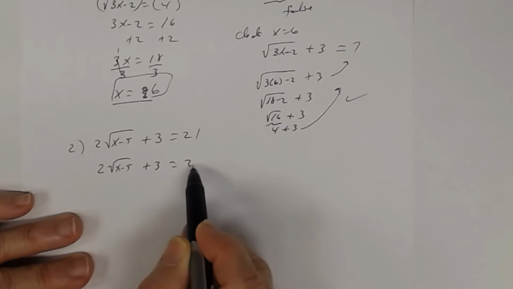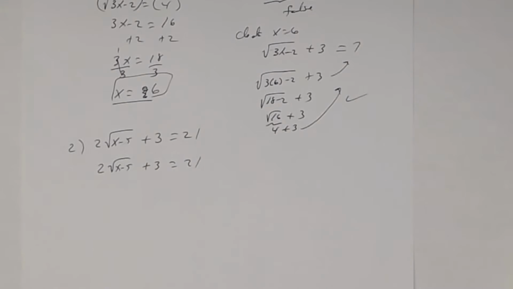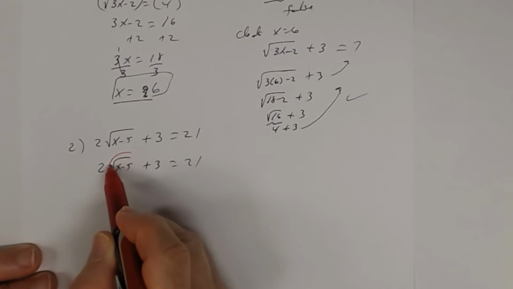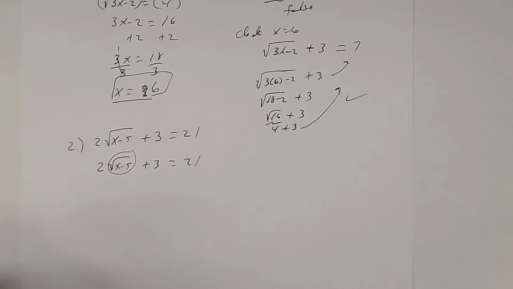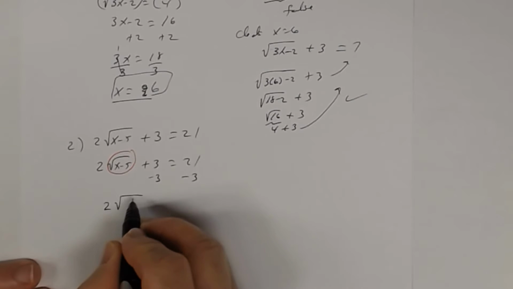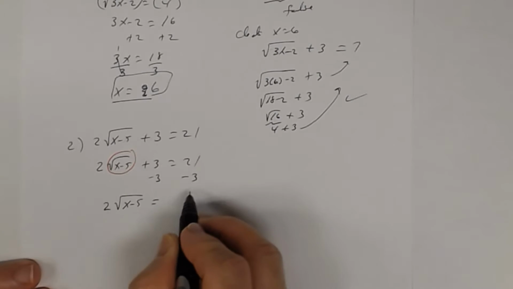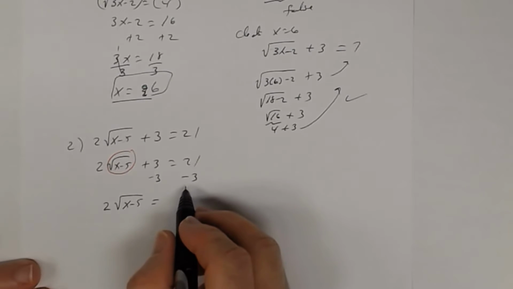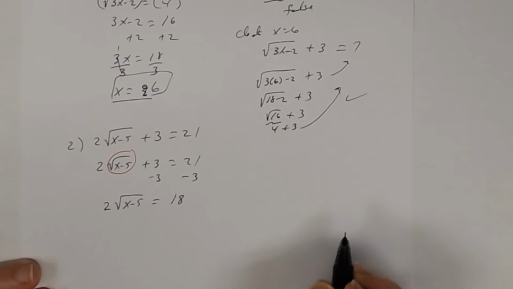So basically you want to get this by itself. You subtract 3 from both sides, so I get 2 times the square root of x minus 5 is equal to 21 minus 3, which is 18.